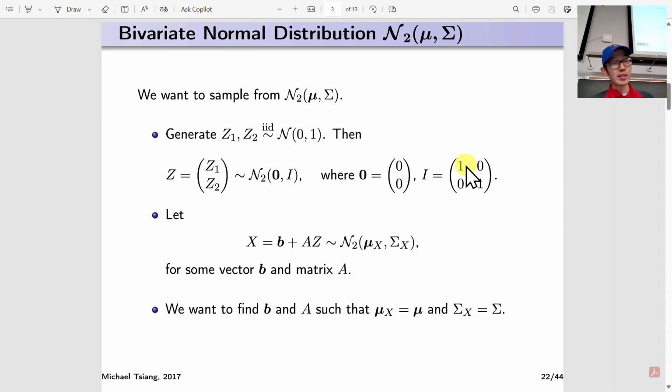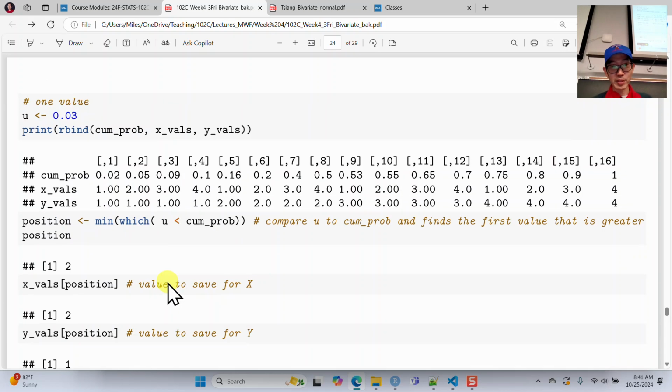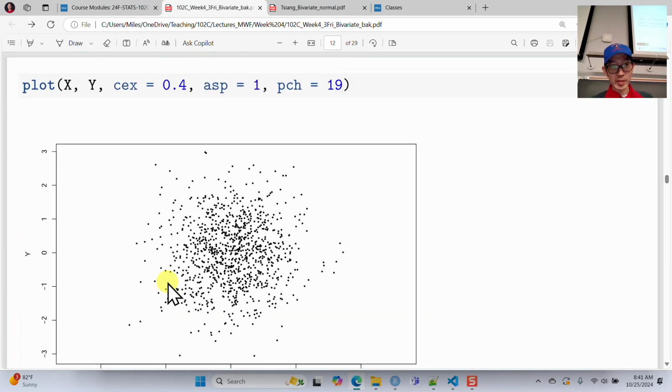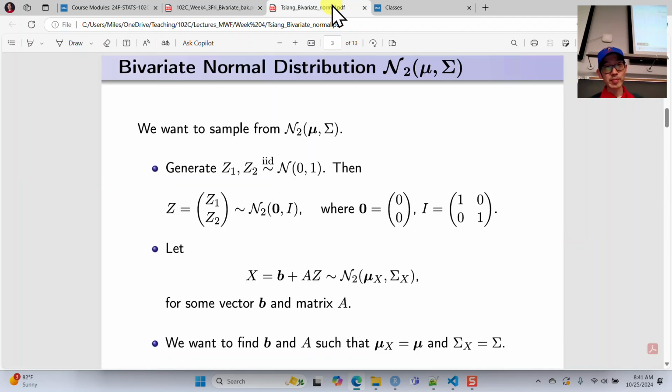Z1 has variance 1, Z2 has variance 1, and there's no covariance between them. So we're going to generate pairs of points, Z1 and Z2, and if I plotted them all, it would look something like this.